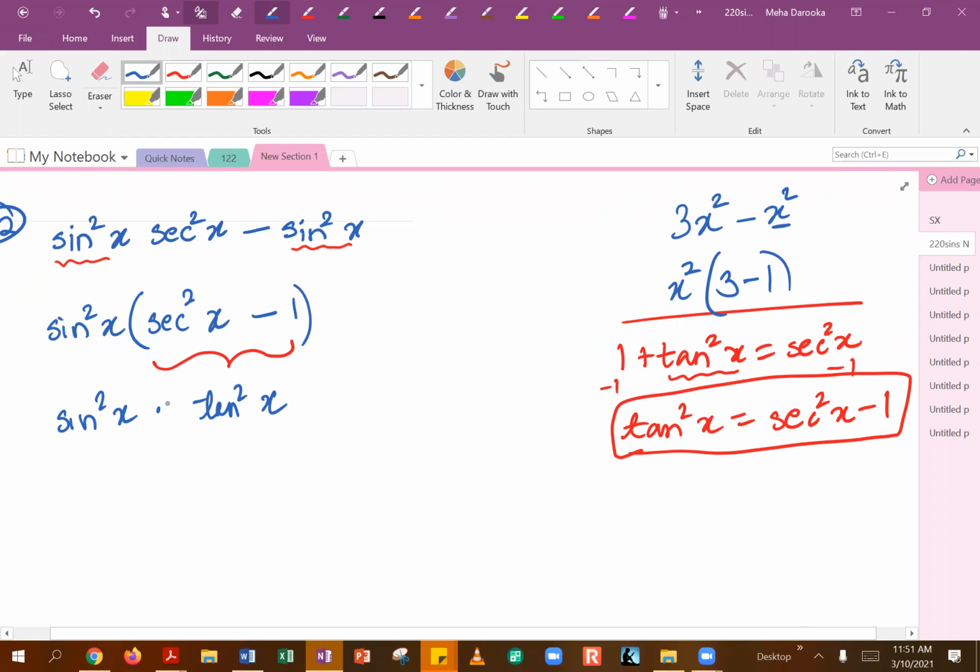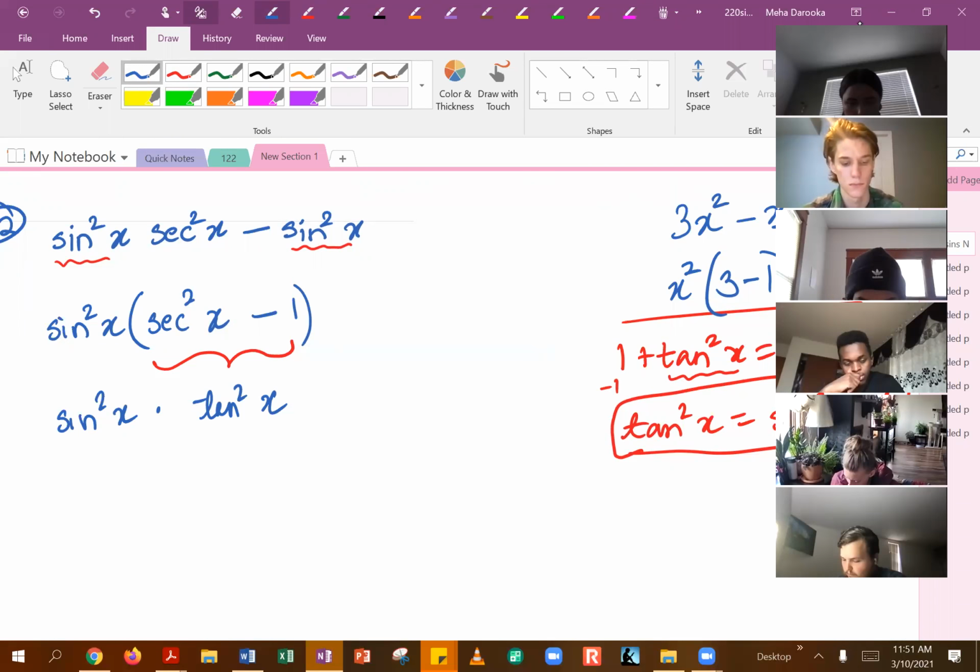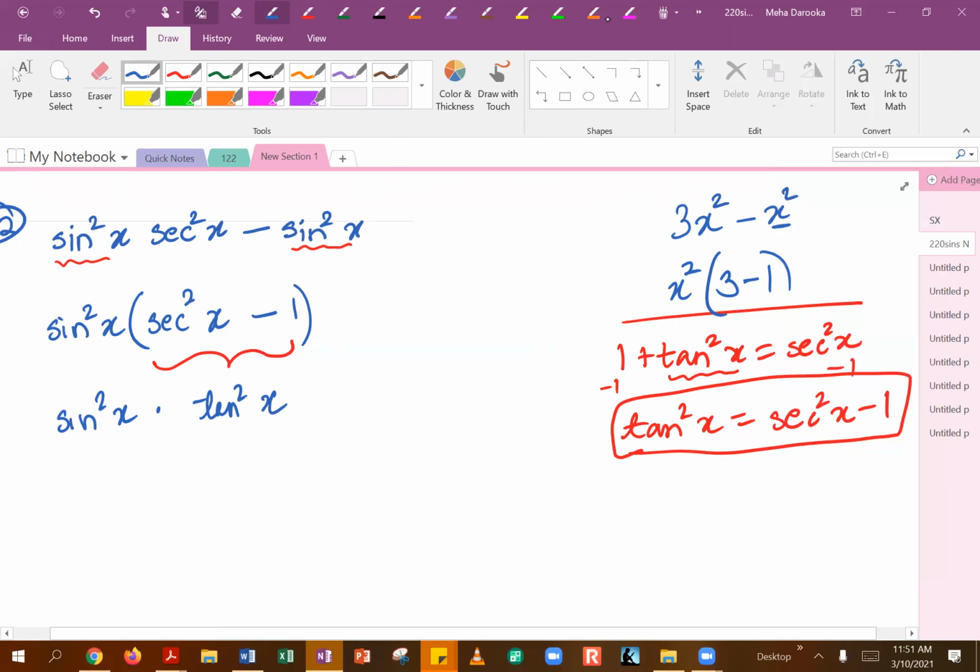Can we simplify this further? Or is this how far we go? Now, in this case, it actually wouldn't help, but, of course, we know, and we'll do this again on the side as some scratch work.